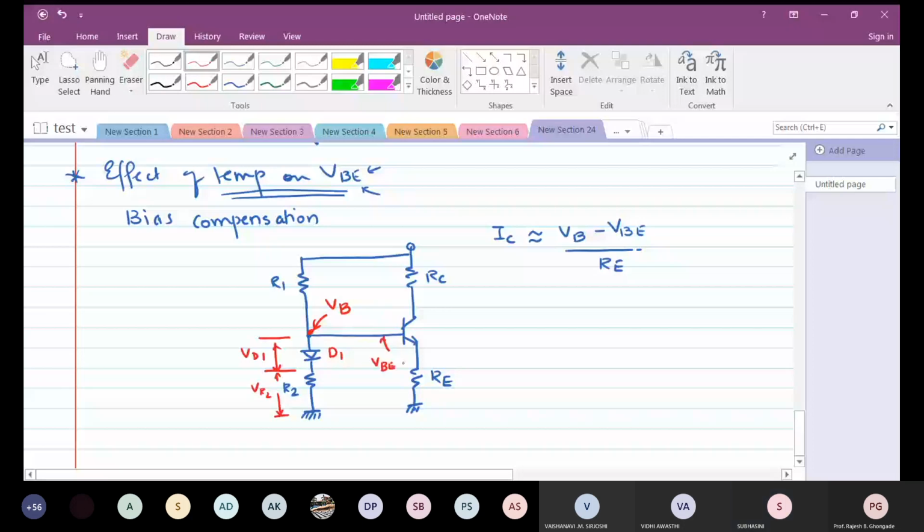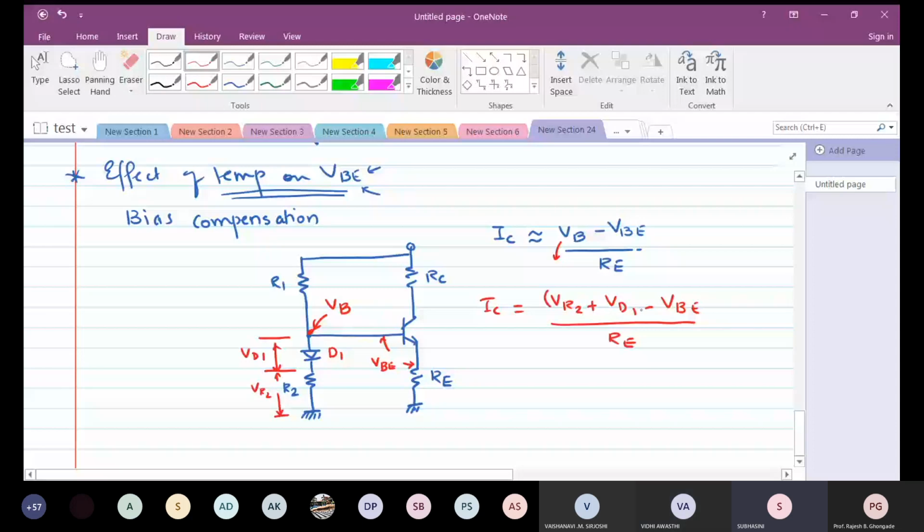Now, what is special about this circuit? What is VB made up of? Can I write it like this: VB equals VR2 plus VD1 minus VBE? VBE is nothing but this.